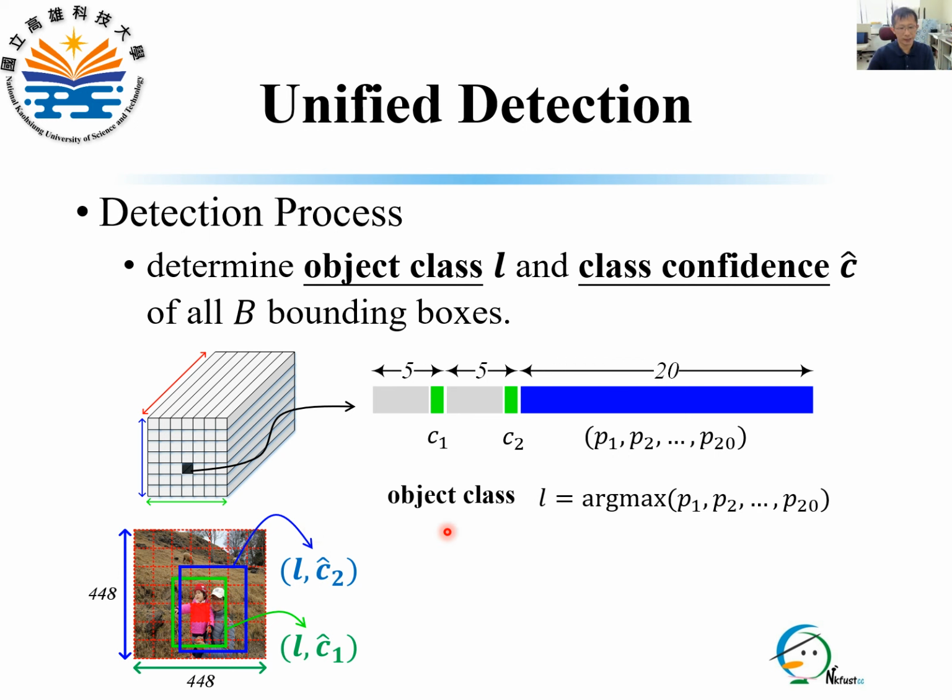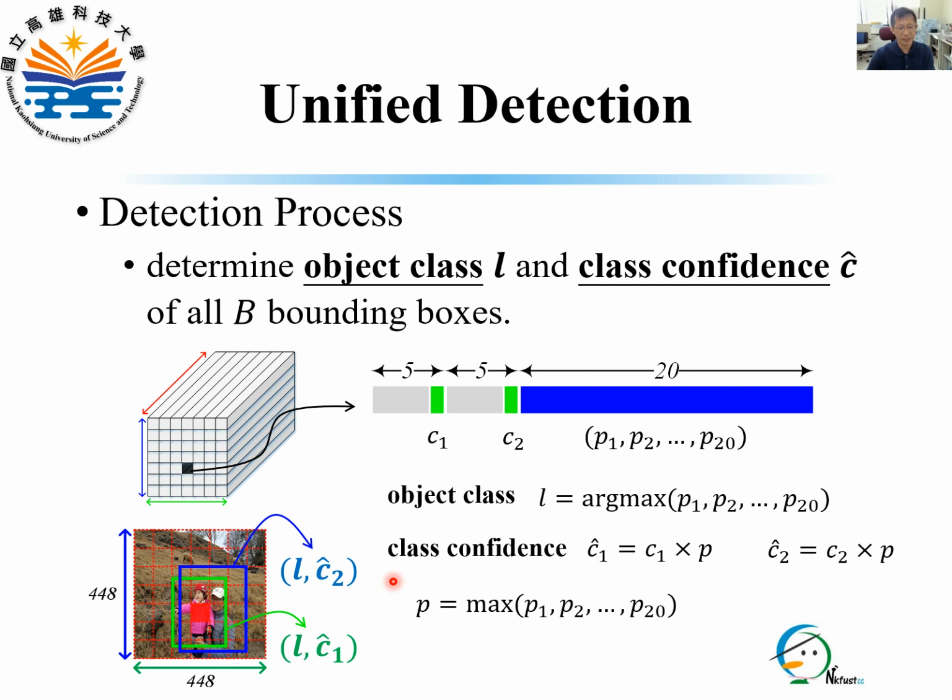The object class is the label that has the maximum conditional class probability. The class confidences C1 hat and C2 hat are respectively the object confidence C1 and C2 times P, where P is the maximum conditional class probability.